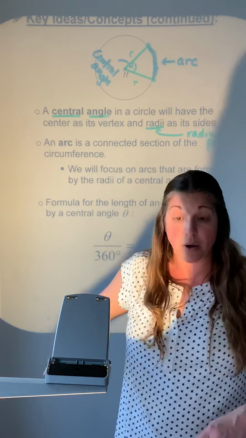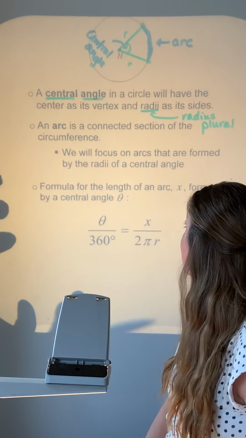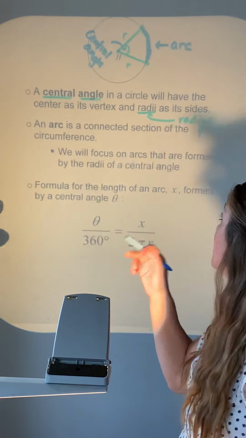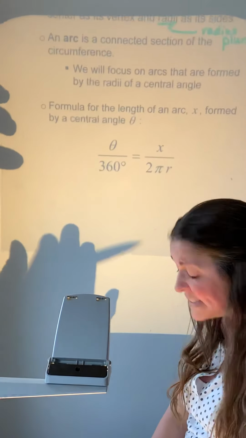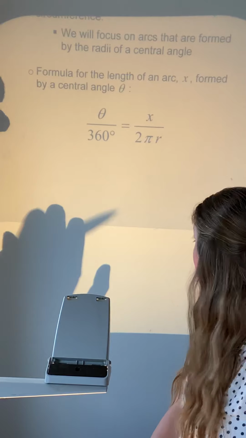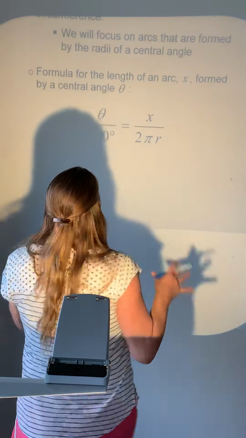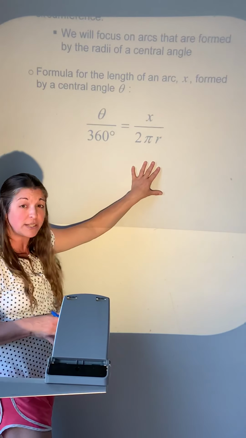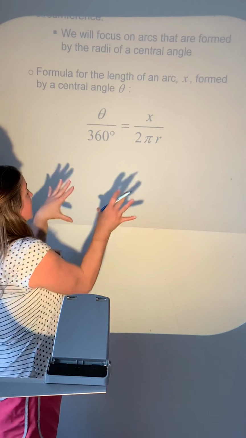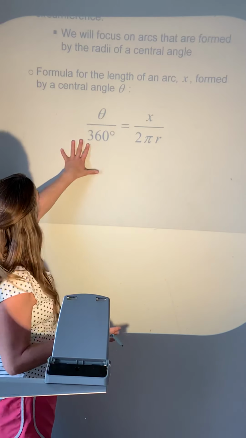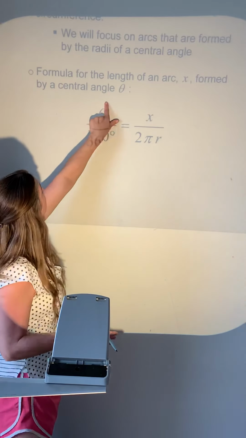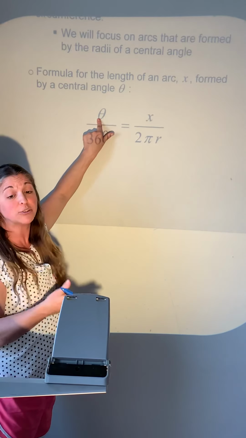So the second part, the last part of these little notes, guys, is going to be to actually find the length of that arc. And this is the formula you're going to use, okay? Now again, there's a couple different ways you could do this. I prefer to create kind of like a proportion so that you can kind of see the comparison. What's going to happen is this right here, guys, will represent your central angle.